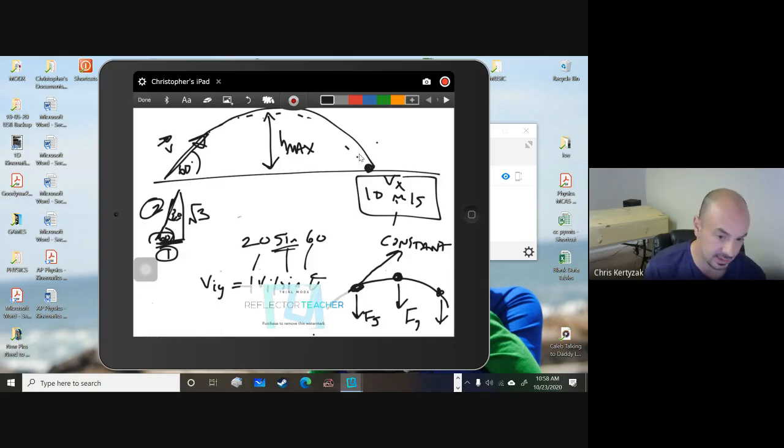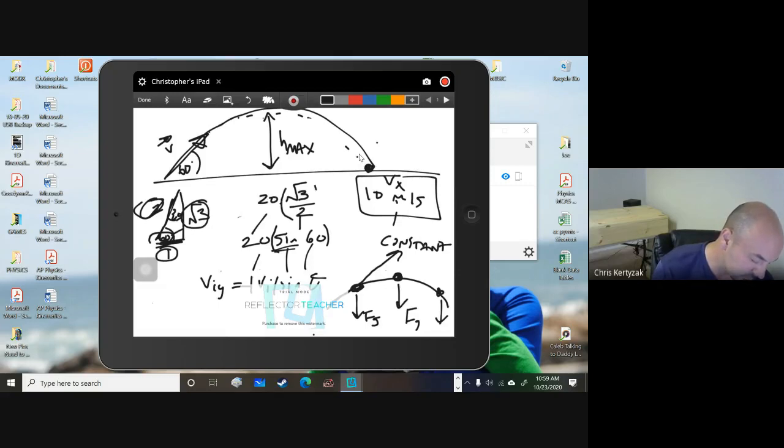So find your 60, which is in the bottom left. Opposite is pointing over to the root 3, and hypotenuse is 2. So sine of 60 is root 3 over 2. So we really have 20 divided by 2, which we know is 10, times root 3.